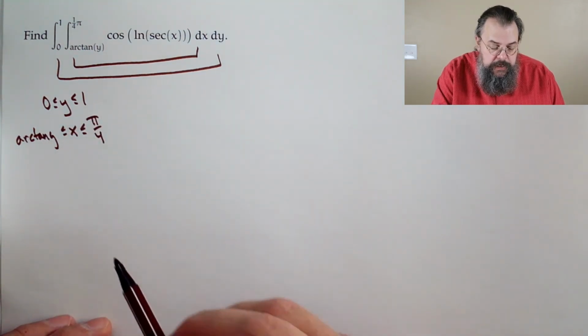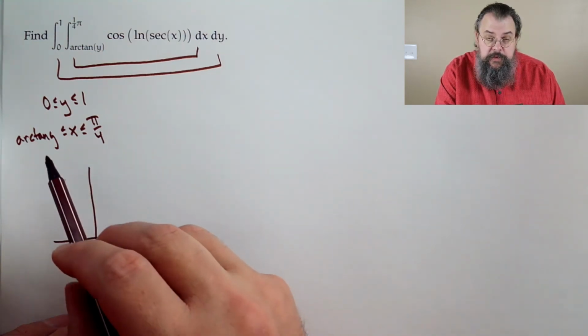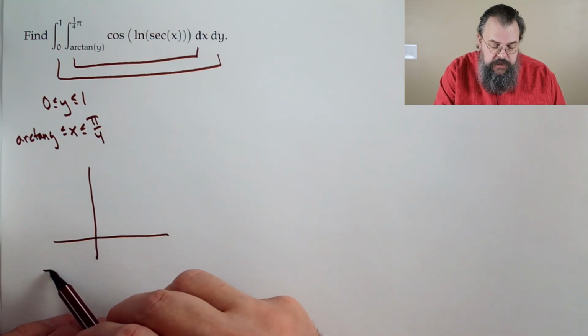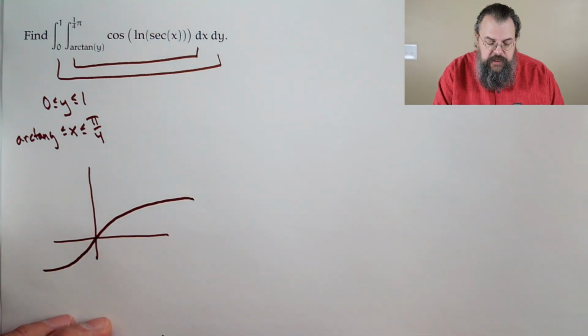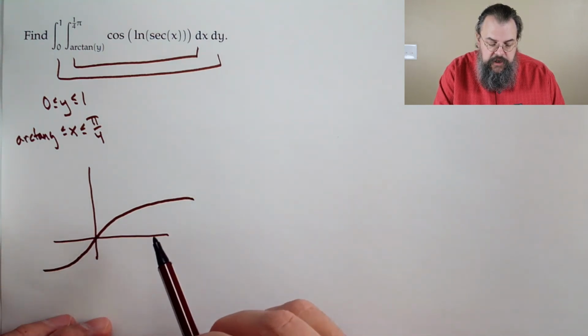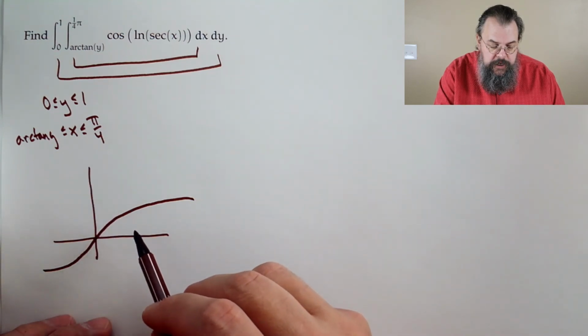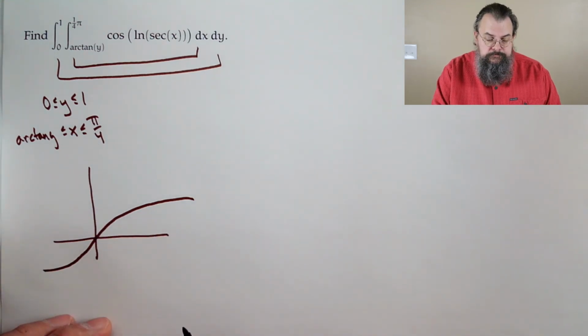Interesting. Well, these aren't so bad. We can actually draw these functions. For example, arctangent of y, that's arctangent. It's a curve that's like one part of tangent, just turned on its side. And so there's our arctangent of y. And we're told we're going from arctangent of y over to pi over 4.